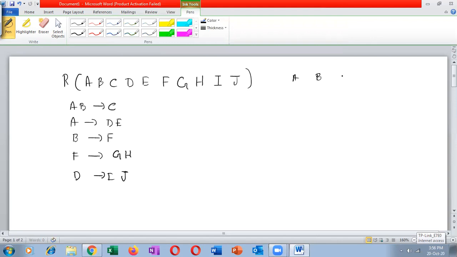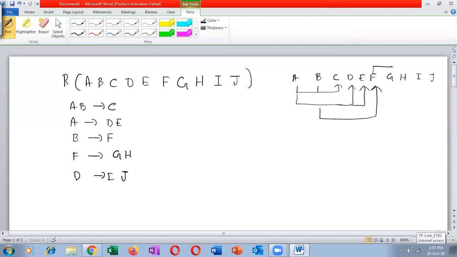A, B, C, D, E, F, G, H, I, J. AB to C, A to DE, B to F, F to GH, and D to IJ.